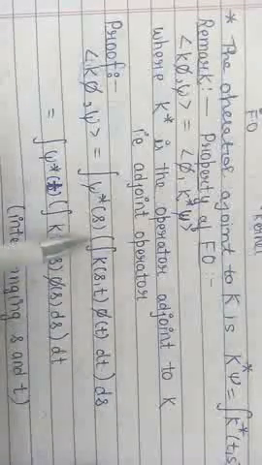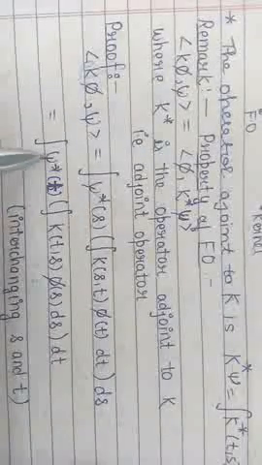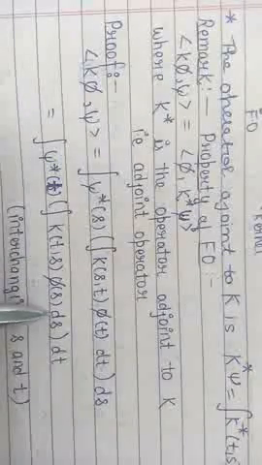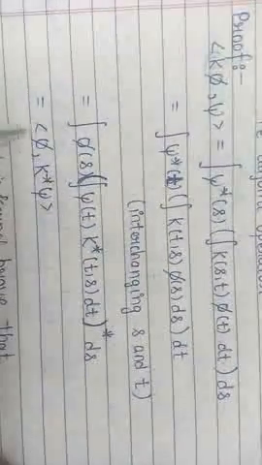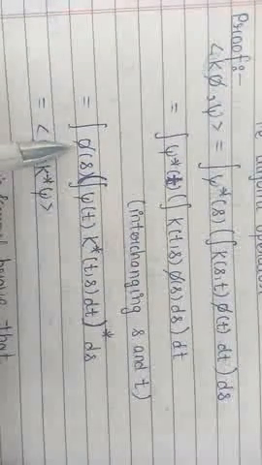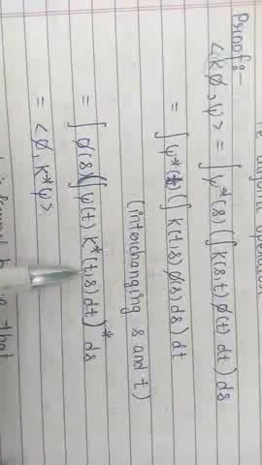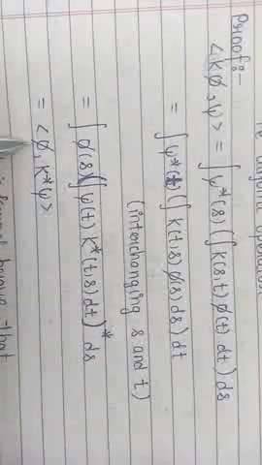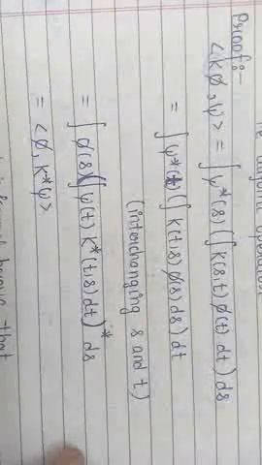Now interchanging s and t in this expression, we get the integral of psi conjugate (t) into the integral of K(t,s) phi(s) ds dt. Now this can further be written in the form integral of phi(s) into the conjugate of the integral of psi(t) K star (t,s) dt, into ds. Now by definition, this is the inner product of the function phi with K star psi. So this was the property of the Fredholm operator.